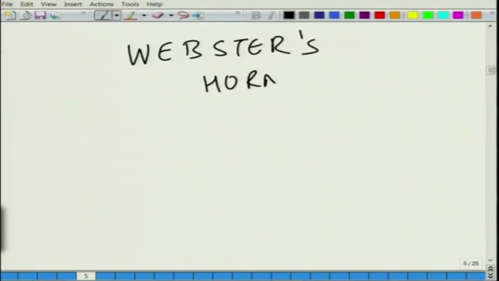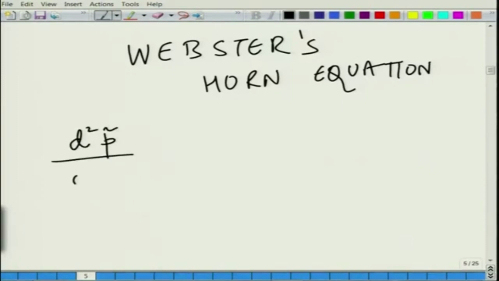So, basically for a gradually varying area duct, if P tilde is still the acoustic pressure, we will soon see that after a little bit of tedious derivation, the form that we obtain would be the following.